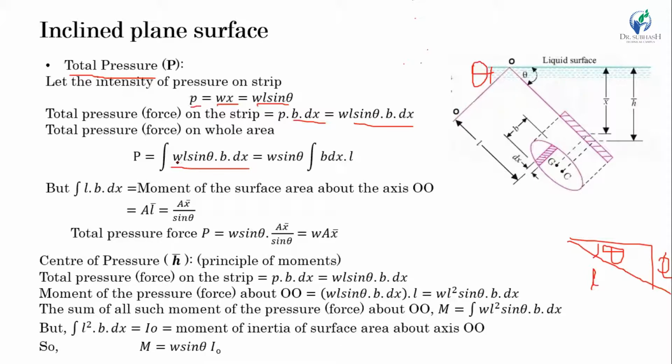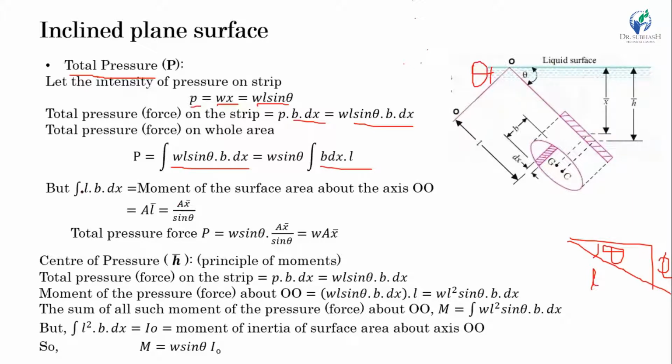Here omega and sine theta are both constant values, so we can take them out of the integration sign, and the remaining term is b into dx into L. But b into dx is the area of the strip, times L. So we can say this is the moment of this small strip about the axis OO.